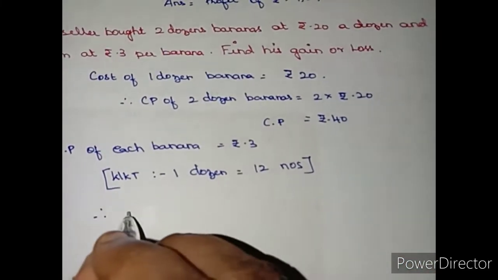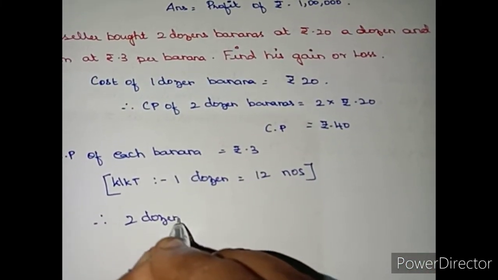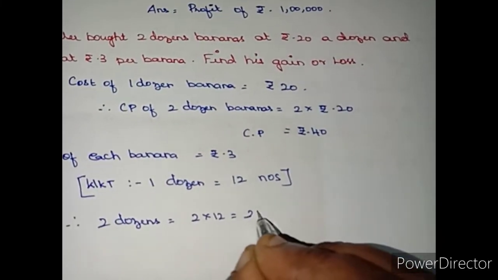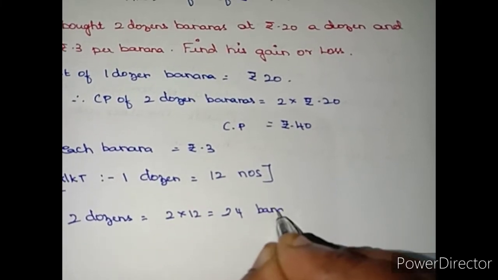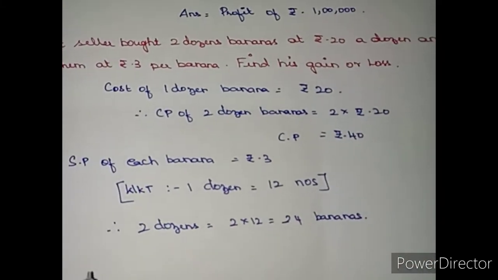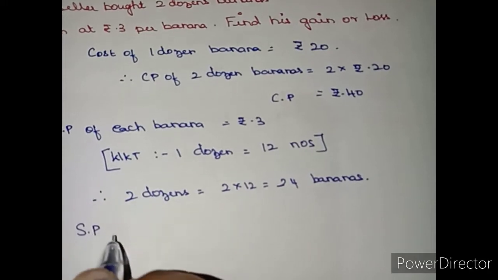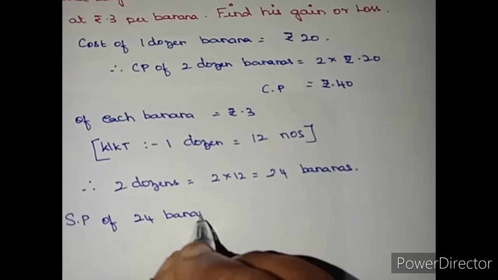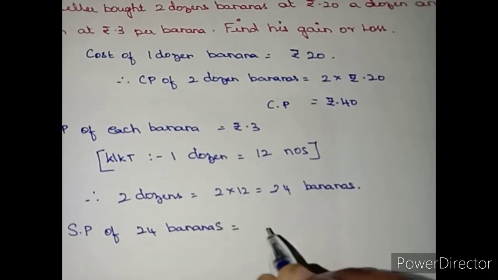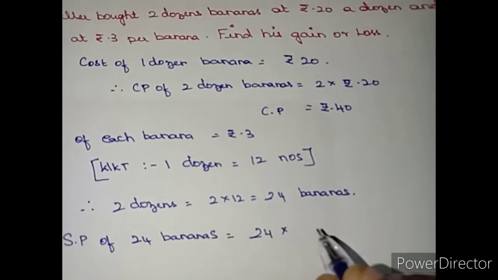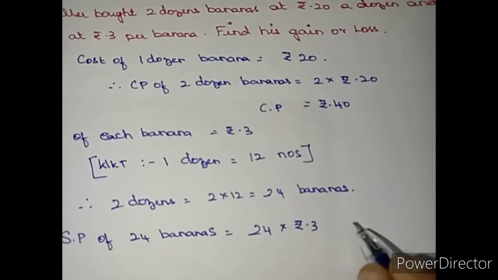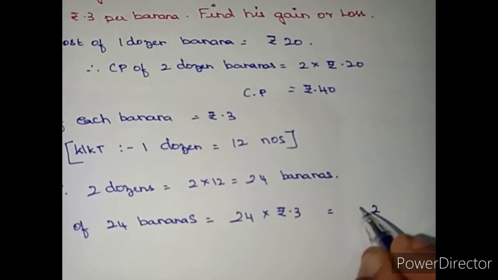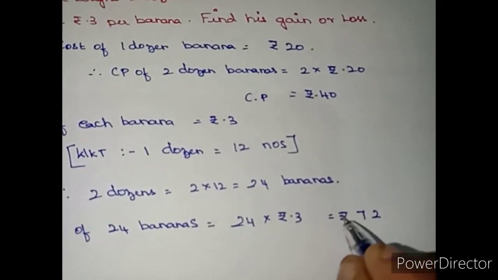Okay, therefore 2 dozens is equal to 2 into 12, 24 bananas. Okay, so SP of 24 bananas is equal to 24 into rupees 3. 3 4s are 12, 1 2 6 are 2 3s are 6, 6 plus 1 7, rupees 72.